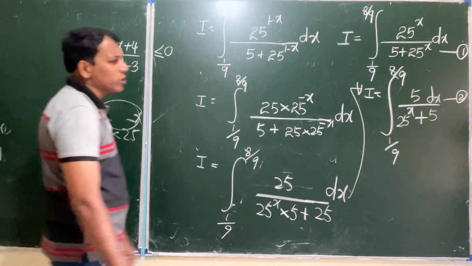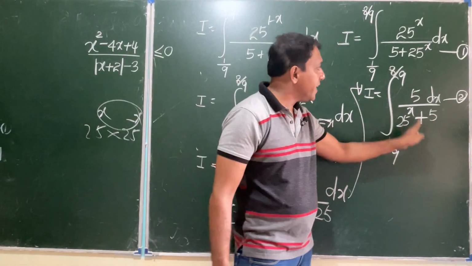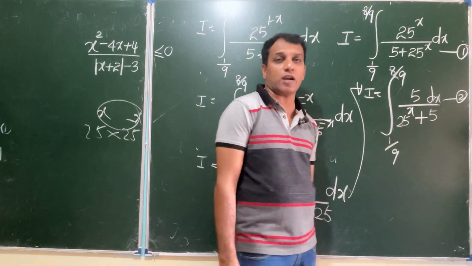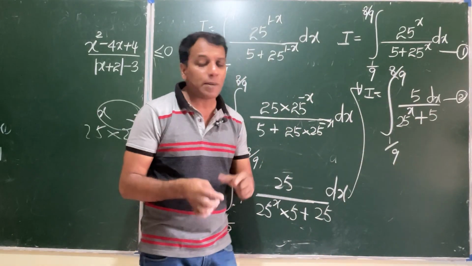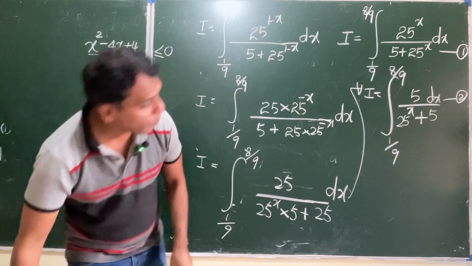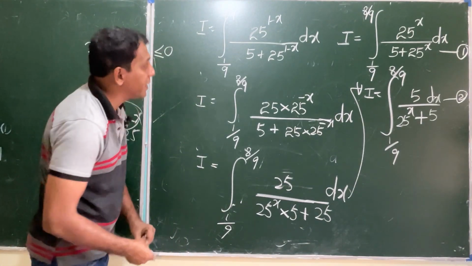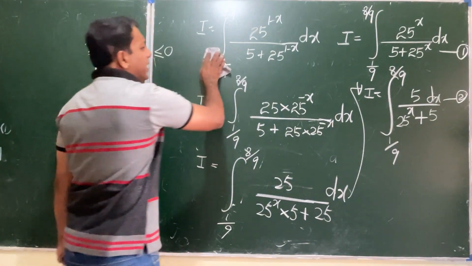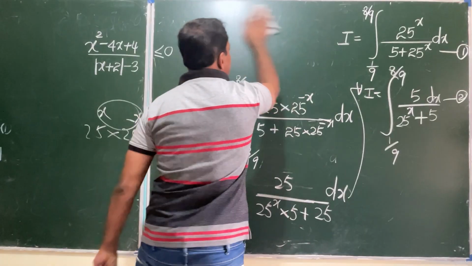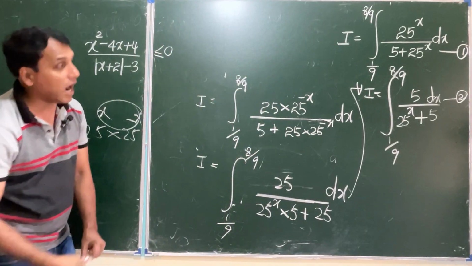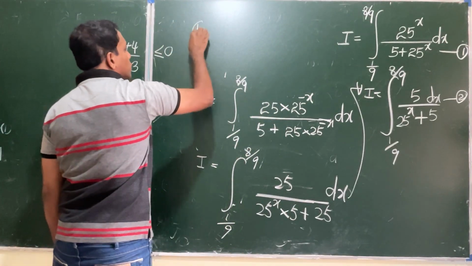Now see the board. The common denominator, right? Therefore, I can simply add both. These two integrations can be added. Try to add the two integrations and continue to get the correct answer.